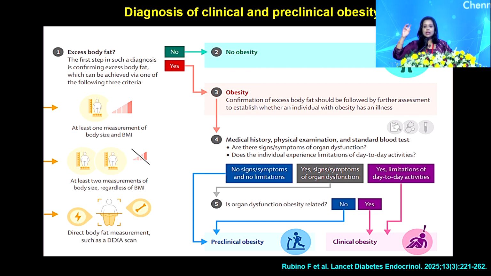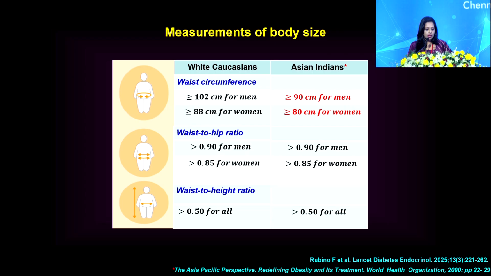If you're having signs and symptoms, you need to establish the signs and symptoms are from that obesity and not something independent. So obesity causing end organ damage, if you don't establish that, then again go back to preclinical obesity, lifestyle modification. If you establish that the obesity is causing osteoarthritis, end organ damage, target problem, cardiac failure, one of those, now you're talking about clinical obesity requiring therapeutics. So that's what this is about.